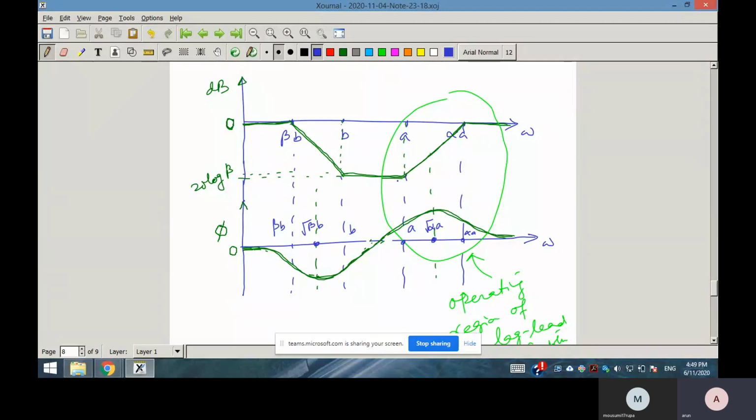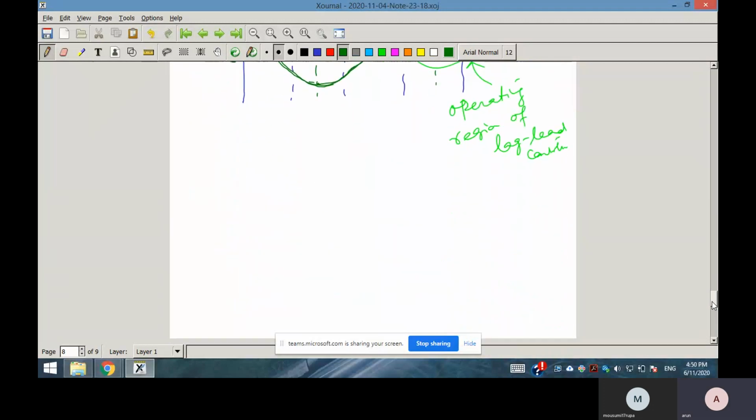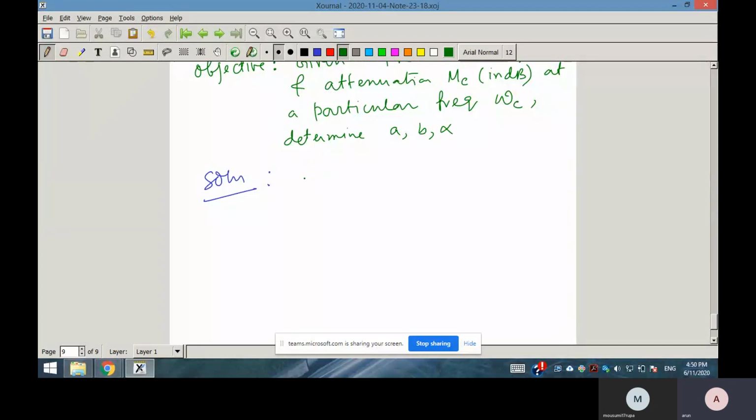That will be 20 log beta. And what is the gain amplification provided by the lead part? Suppose the frequency is here, omega c. As per the equations of the lead part, we will get what Mc is.